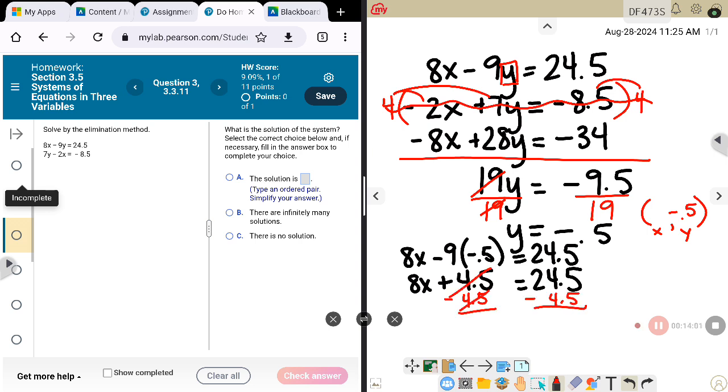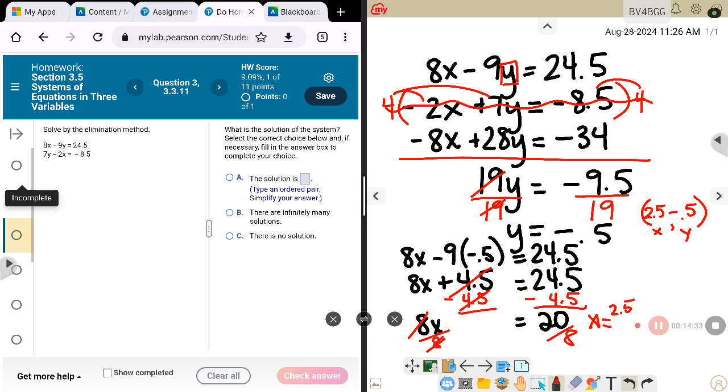So now I have 8x equals 24.5 minus 4.5, which gives me 20, and then divide that by 8. So I'm going to have x equals 20 divided by 8, which gives me 2.5. So the x coordinate is 2.5.